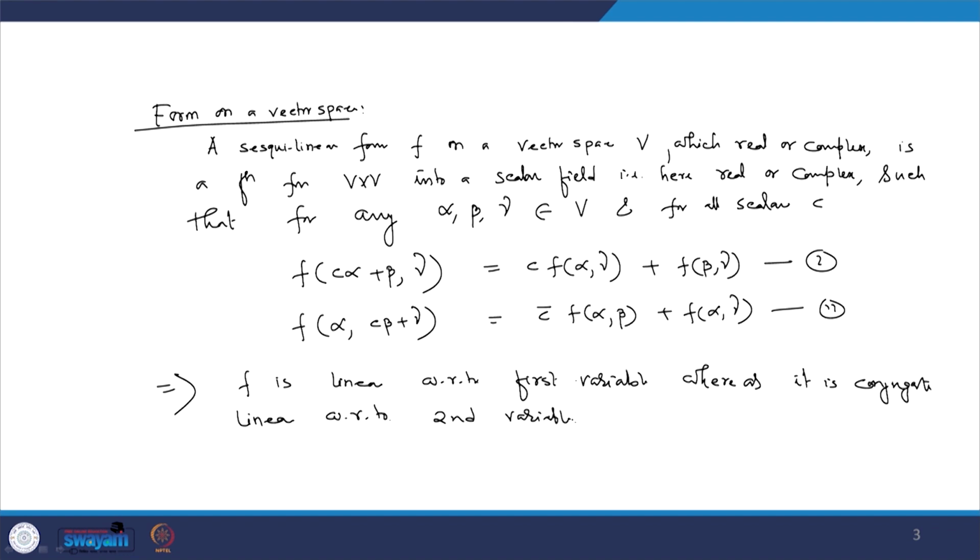That is why we say this is a sesquilinear form. This is the general definition of a form on a vector space. I have not mentioned whether the vector space is an inner product space or not. I am simply saying that if you consider a vector space over a real or complex field, a sesquilinear form is defined like this.